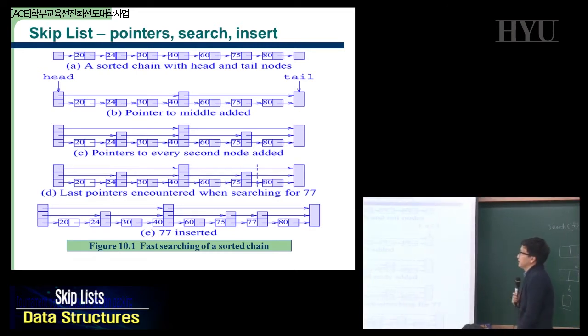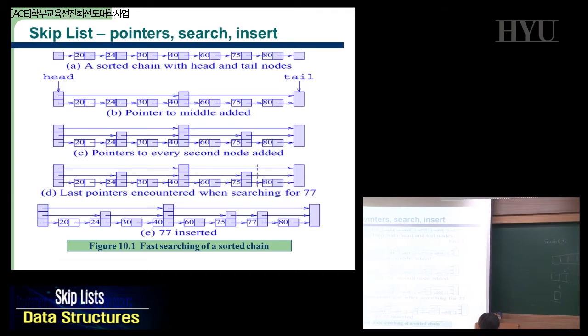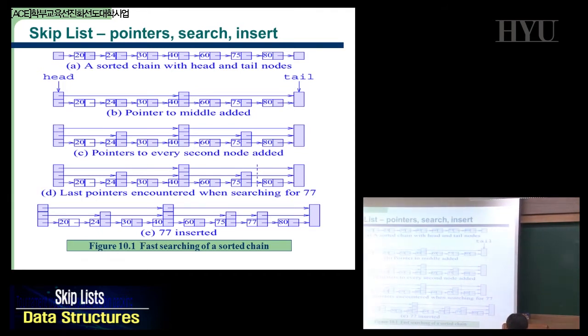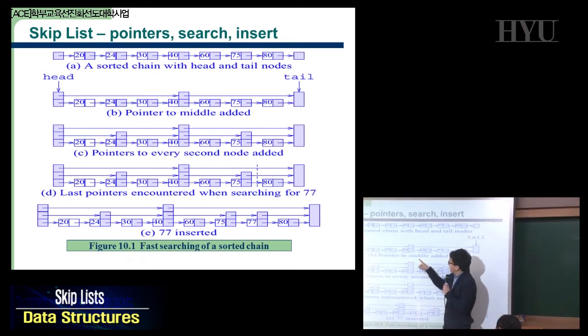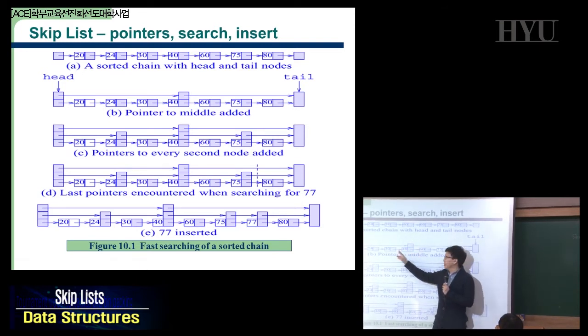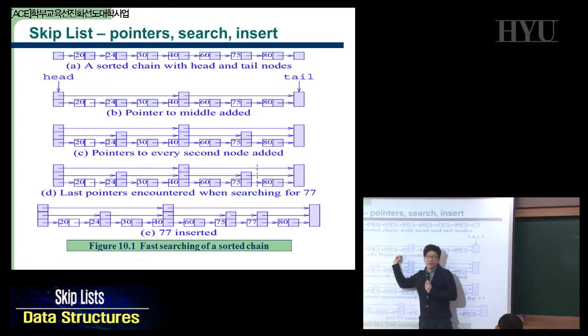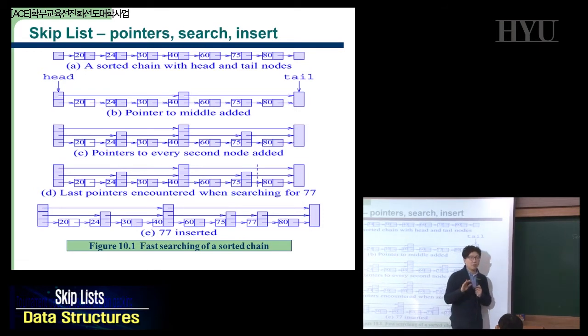Skip list, pointer, search, and insert. So, a pointer to the middle is added. I decided to put a pointer just halfway into the list. That gives me the luxury of skipping the first half, so I can do something like binary search too.